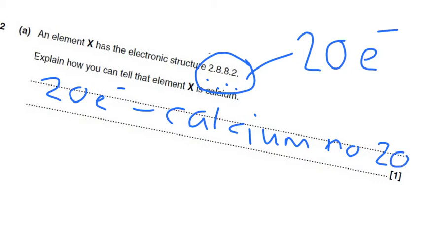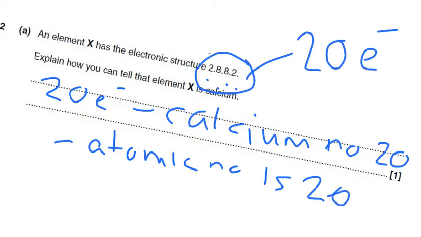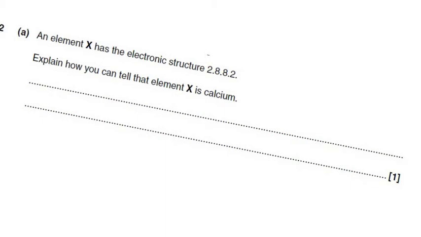Or because there are 20 electrons, the atomic number is 20. That would give you the ability to access that particular mark. So you've got to link it to the periodic table in some way.